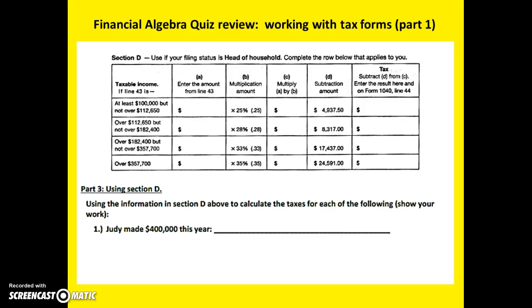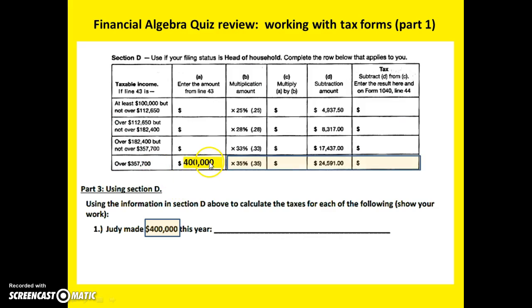So let's move on to the next problem. We're using section D, which is different, still using head of household, and it says to calculate the taxes for each of the following, show your work. Judy made $400,000 this year. So if we look on this schedule, that's over 357,700.